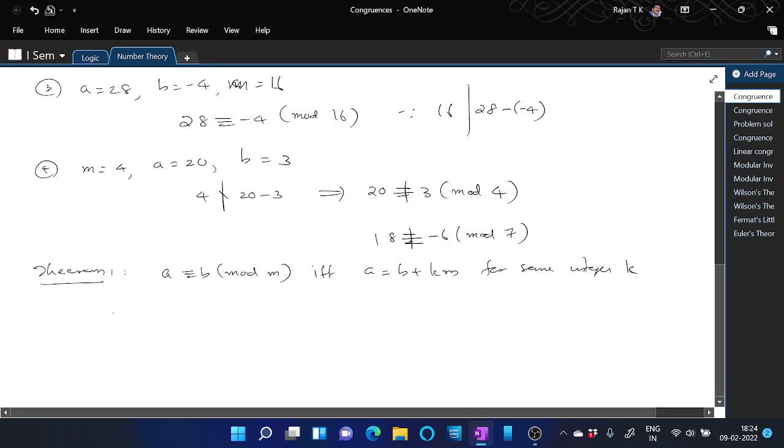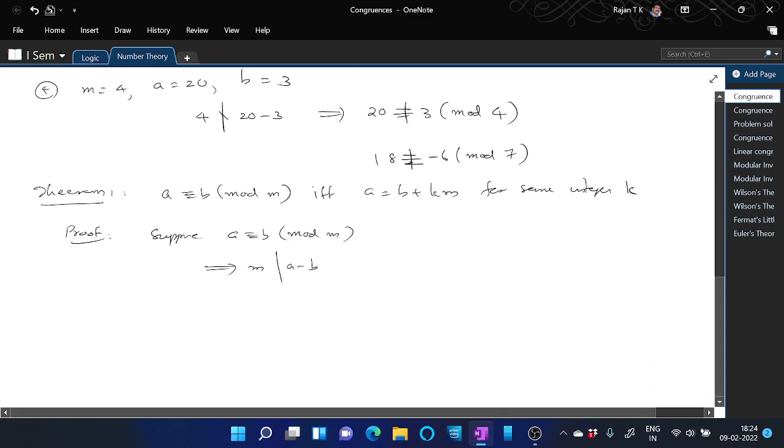Proof is very simple. Suppose a is congruent to b mod m, then by the definition of congruence relation, this implies m divides a minus b, which means a minus b is a multiple of m.